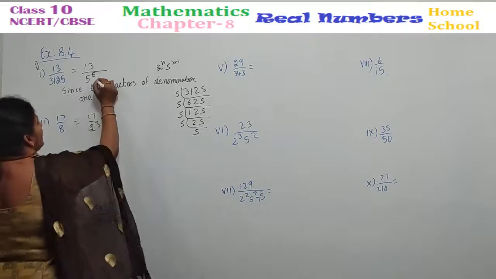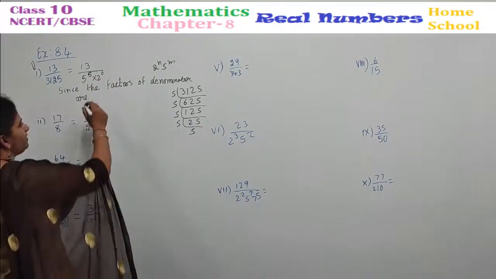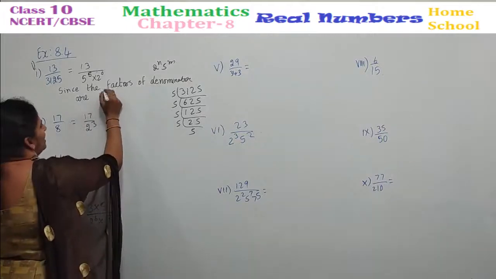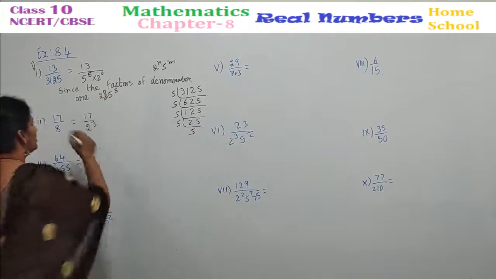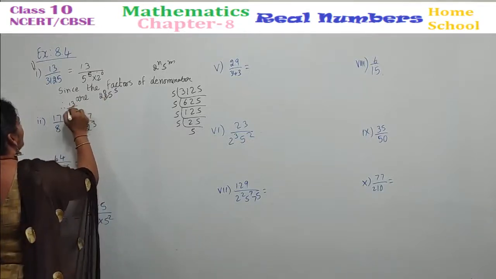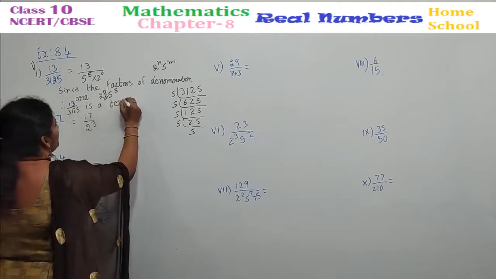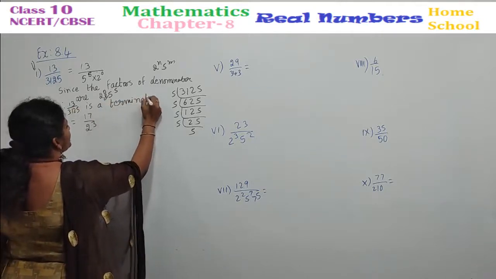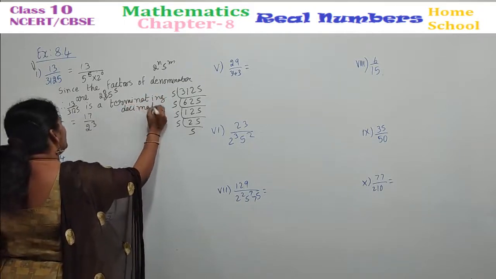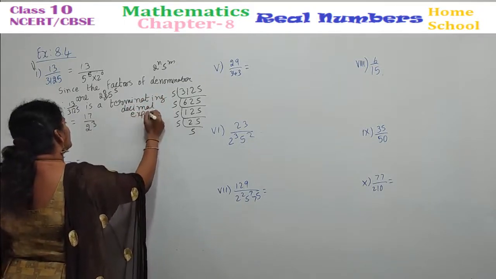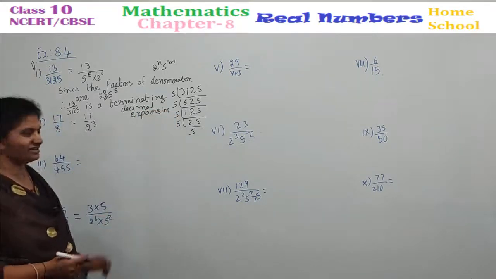So I can multiply here 2 power 0. 2 power 0 makes 1. Since the factors of denominators are 2 power 0 and 5 power 5. Therefore, 13 by 3125 is a terminating decimal expansion. You are going to get, children.